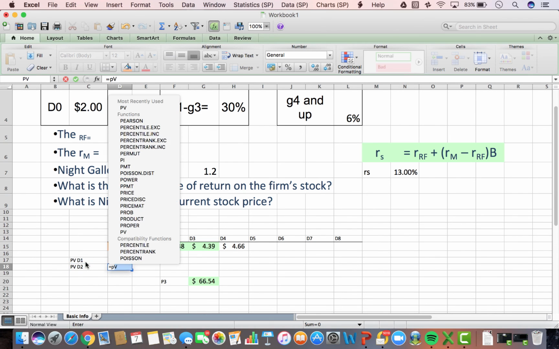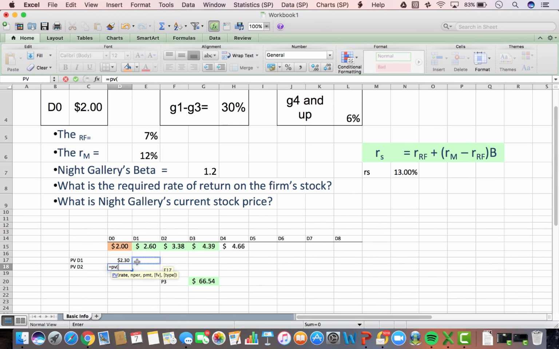And this is going to be PV of what? The rate is the 13%. The number of periods now is 2. There's no payment, and the future value is this number here. Again, I'm going to make it negative. And I get 2.65.